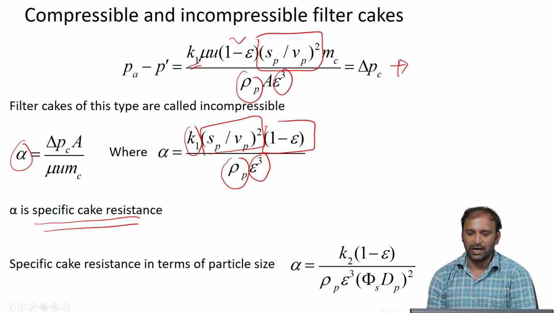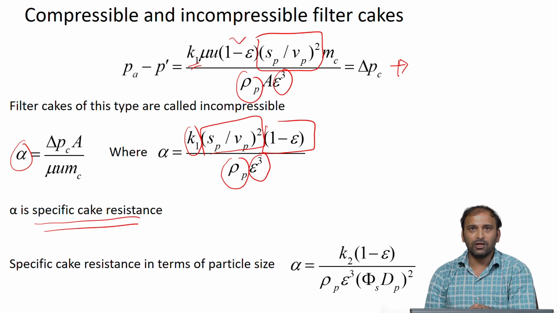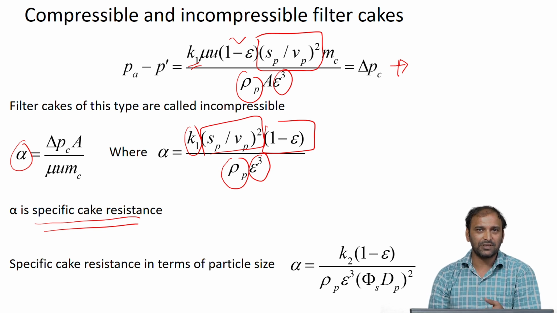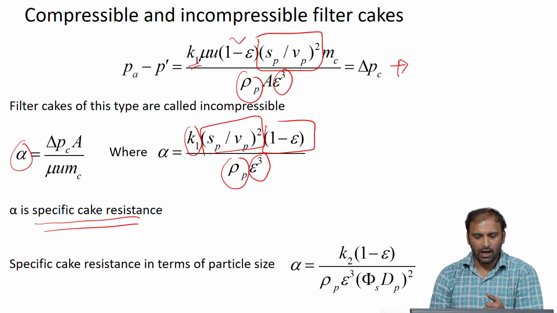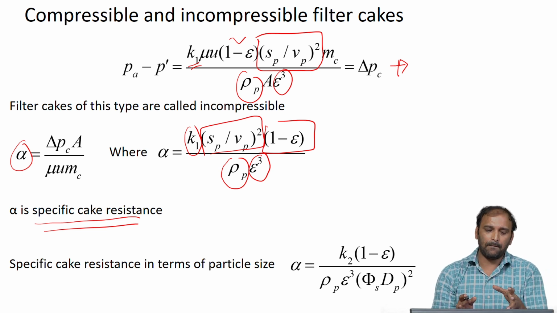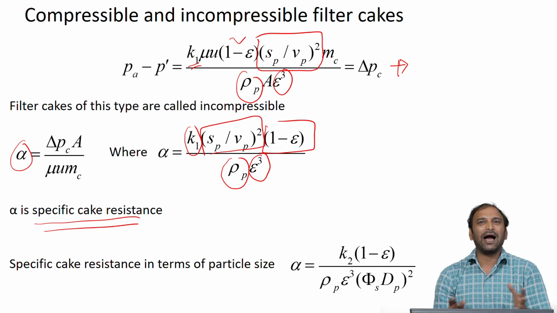If you look at these parameters carefully, these are all the parameters that are specific to the kind of particles present in the slurry, and essentially these are properties which depend on the packed bed, right.